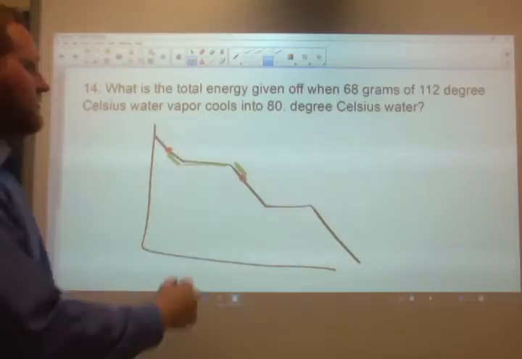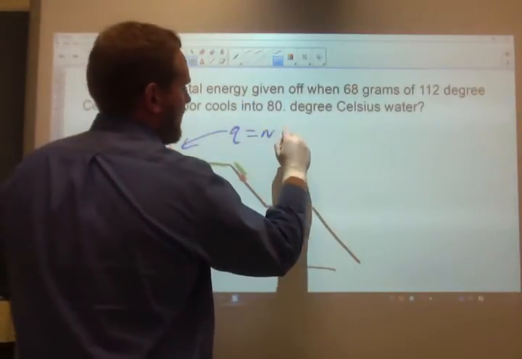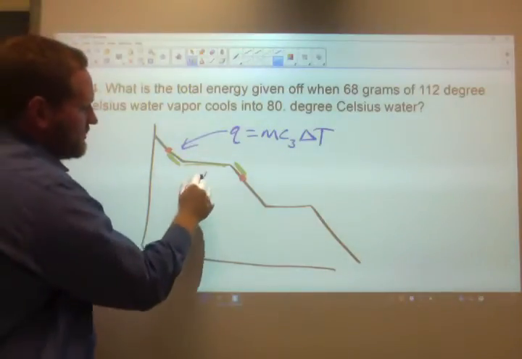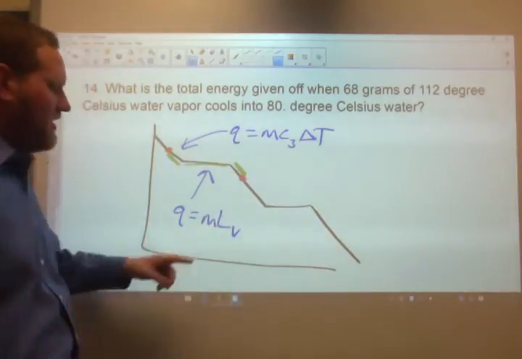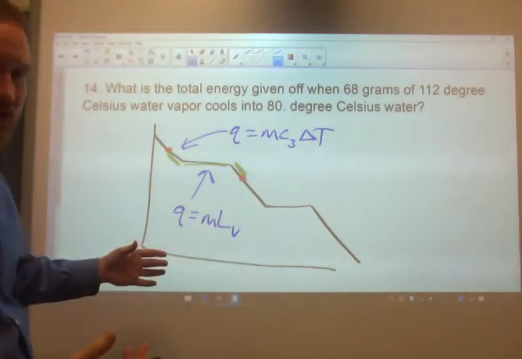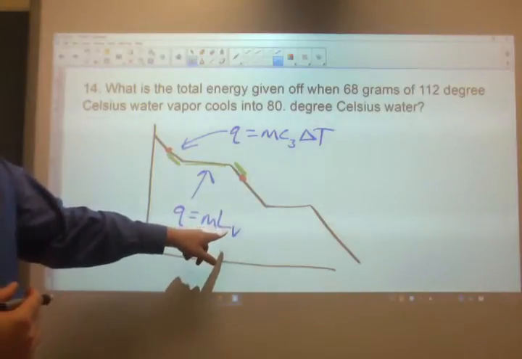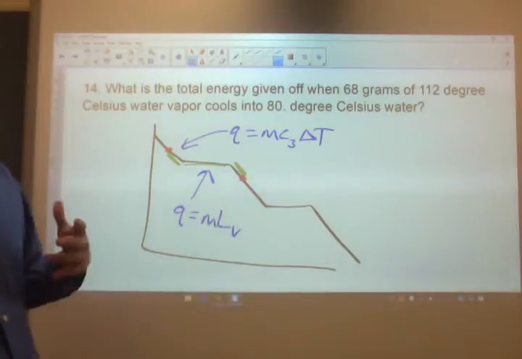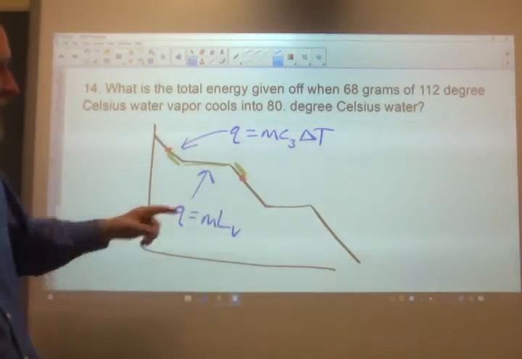There's 3 formulas. My first formula, Q equals mc3 delta T, C3 being gas. Second formula, Q equals m times the latent heat of vaporization. Technically it's not really vaporization, it's the opposite, it's condensation, but we still use this constant. Instead of how much heat's required to boil it, now we're saying how much heat must be dumped off in order to condense it.